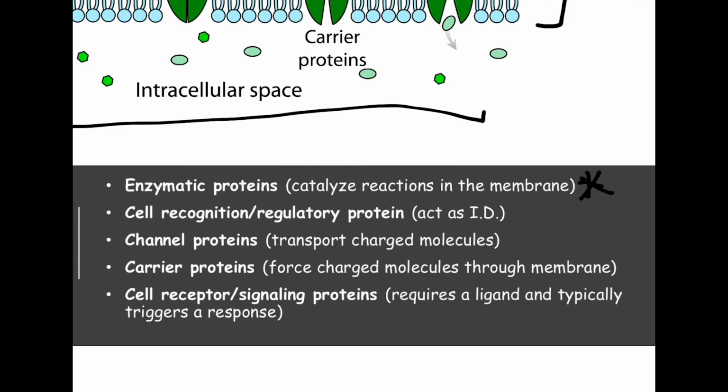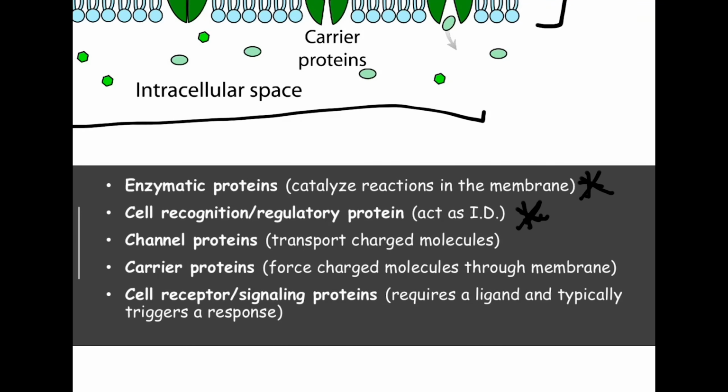The enzymatic proteins catalyze reactions, and they tend to be found in the membrane, especially in organisms that don't have membrane-bound organelles. They really rely on these enzymatic proteins. The next set of proteins found on or in the cell membrane are cell recognition or regulatory proteins.